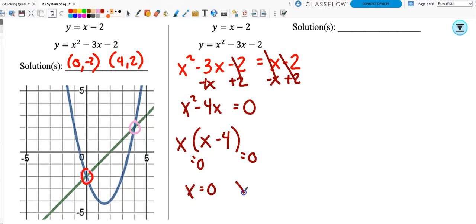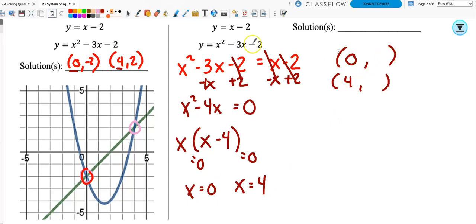The other answer, I'm going to switch my sign, add 4 to both sides to get x equals positive 4. Now this looks similar to your ordered pair. It's your x values. So one answer I know is 0 something. The other answer I know is 4 something, because these are your x values. They're the first part of your ordered pair.